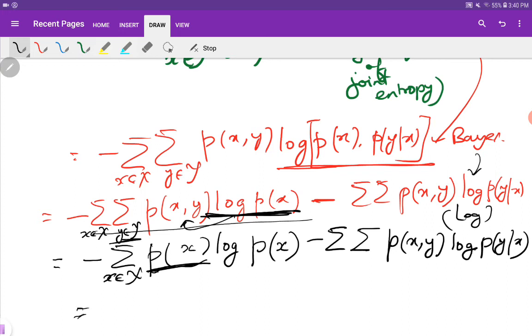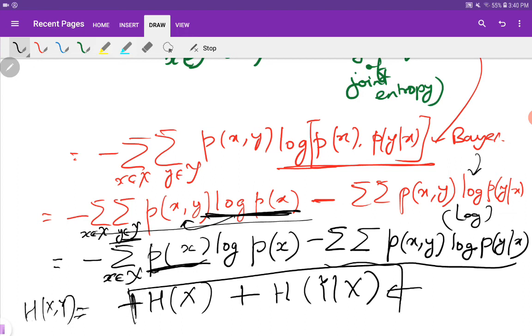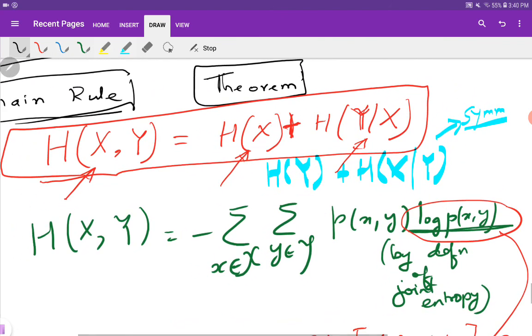So this one is obviously H of x, the positive entropy, and this part is H of y given x by the definition of conditional entropy. So that is how we get H of x comma y equal to H of x plus H of y given x. This is the basic chain rule that we have in information theory.